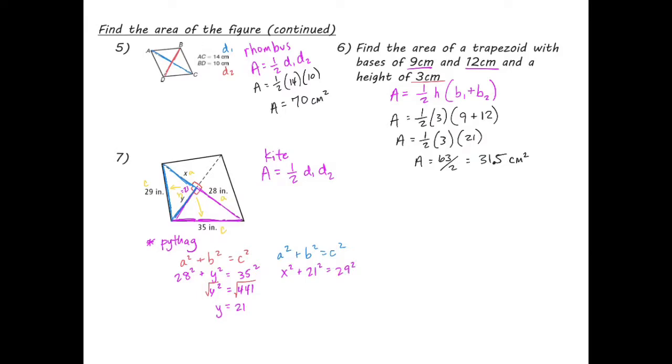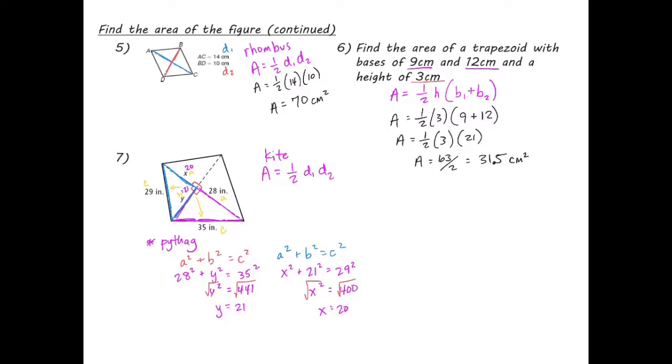And I've already done this one all out, so I'm going to go through it very quickly and say that x squared equals 400. Square root that, and x equals 20.